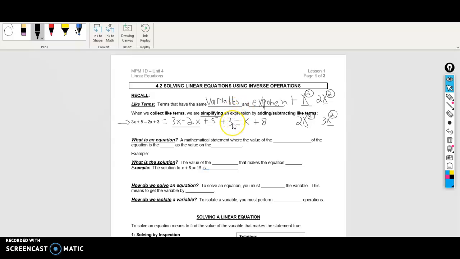So now we're going to take a look at what an equation is. We're going to give a formal definition for it, and then take a look at what we can do with equations when we have them.